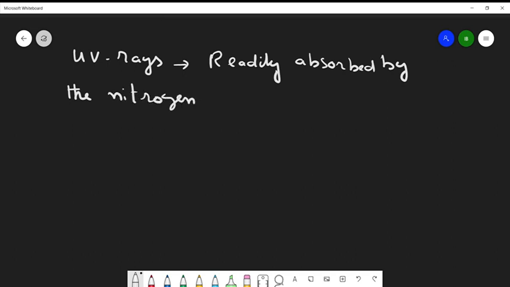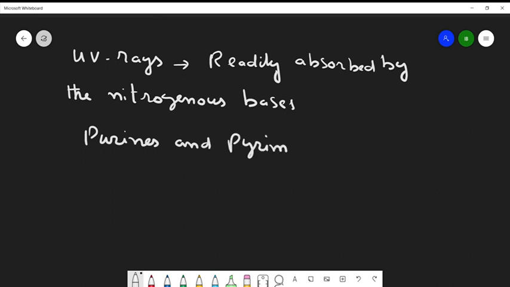The nitrogenous bases include the purines and the pyrimidines. So these will be directly absorbed by purines and pyrimidines, and wherever there are thymine residues adjacent on the DNA, they will result in the formation of thymine dimers.